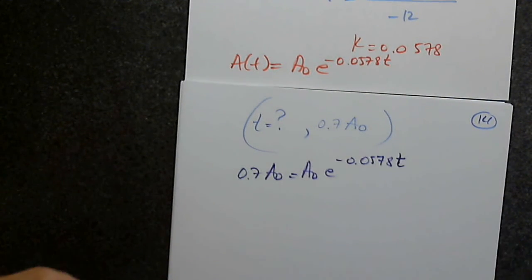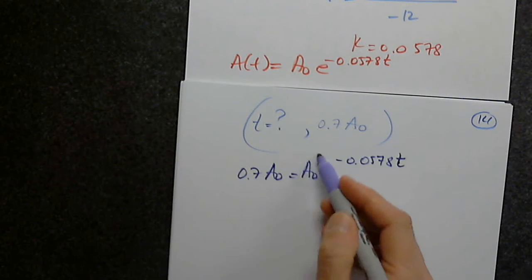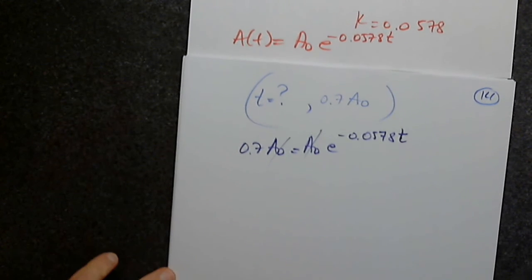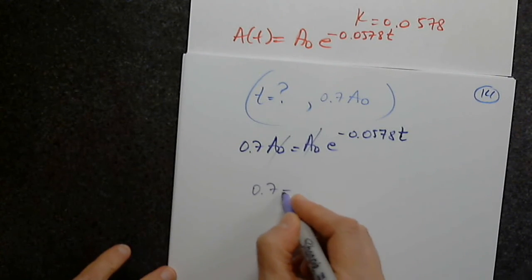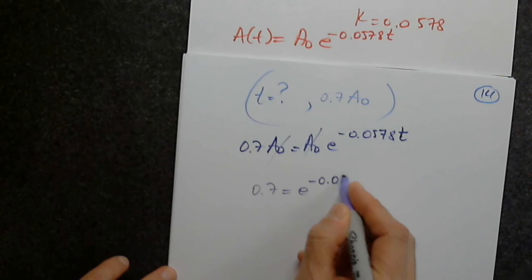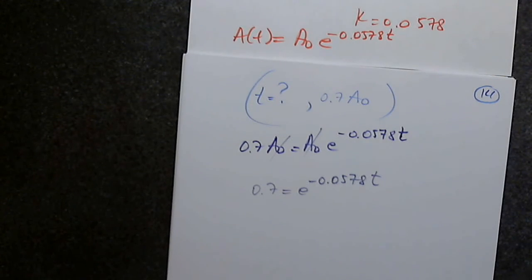This is what I'm looking for. Okay, how do I clean it up? Yeah, I don't even need A0, I don't even have it, and I don't need it. 0.7 equals e to negative 0.0578 t. What happens next? Exactly.